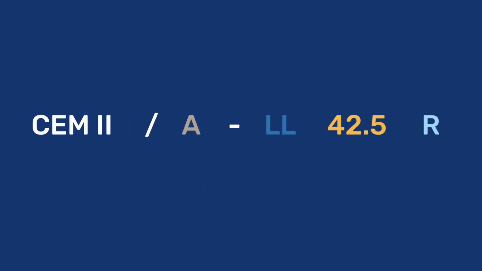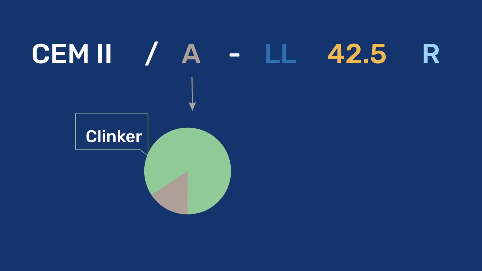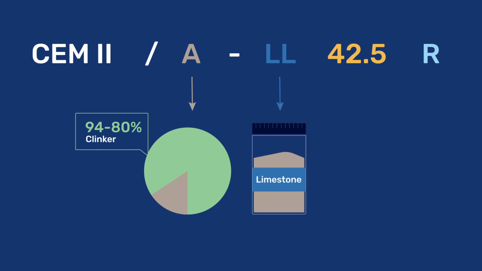Expanding on our previous example, a CEM II/A-LL 42.5R refers to a European normed cement, that's CEM, for which the clinker content is between 94 and 80%, that's letter A, with the SCM being limestone with no more than 0.2% organic content, indicated by the letters LL.